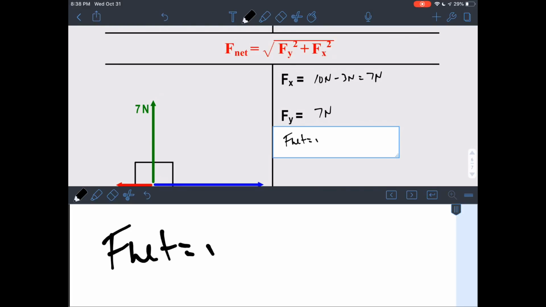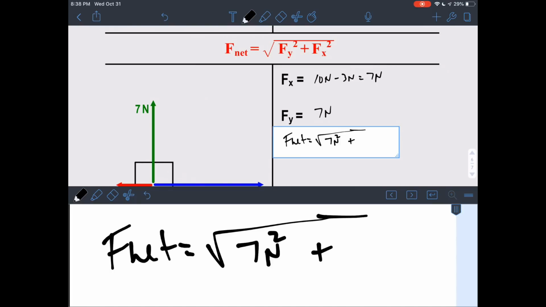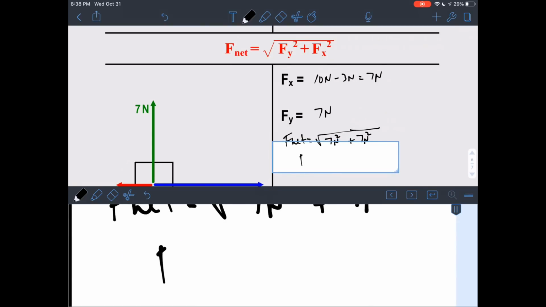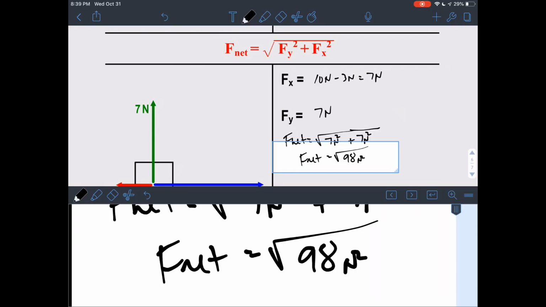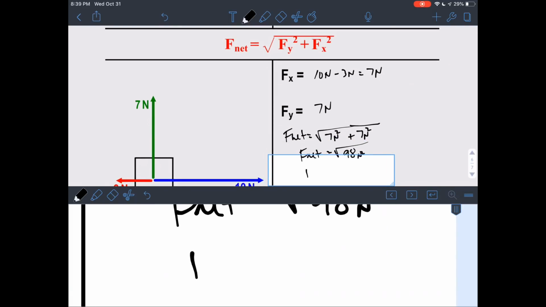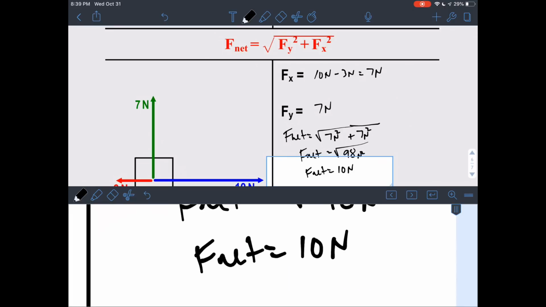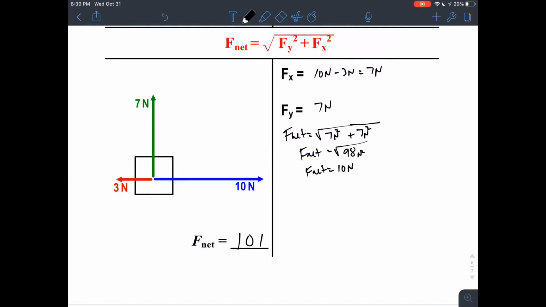We have a net vertical force of 7 newtons, so we take 7 newtons squared, and a net horizontal force of also 7 newtons, so we square our 7 newtons. Our F net is the square root of 98 square newtons, roughly 10 newtons, because the square root of 98 is approximately 10 yet again. So our F net is 10 newtons, and this time we have a force that's pointing roughly up and right at about 10 newtons.